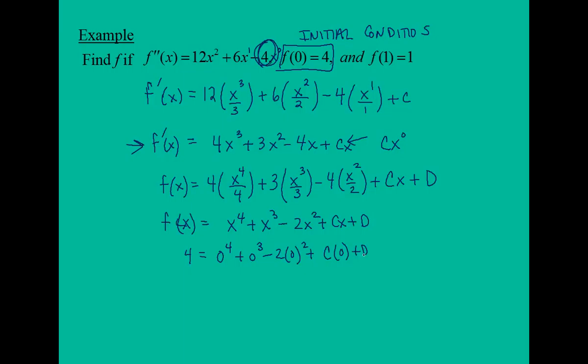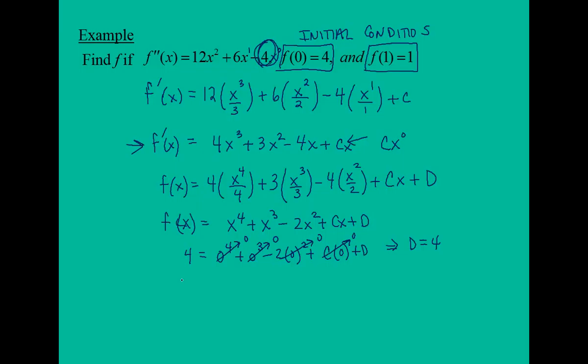So we're able to conclude here that since this goes to 0, this goes to 0, this goes to 0, this goes to 0, that d equals 4. So we can plug in 4 for d and then use our second initial condition to find c.